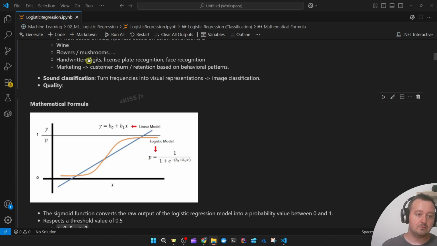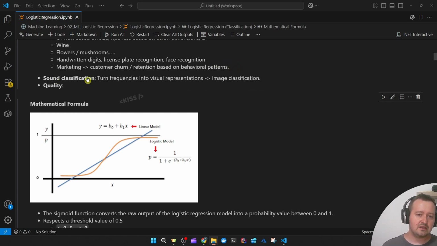Basically recognizing the digits from 0 to 9 or letters, whatever you want to do. License plate recognition, face recognition, marketing, customer churn. This is basically analyzing, trying to find patterns in customer behavior and then predict whether they're going to leave or take certain actions or are likely to take certain follow-up actions.